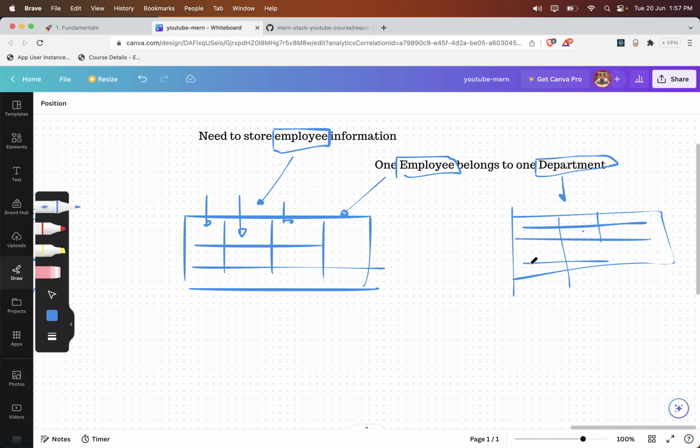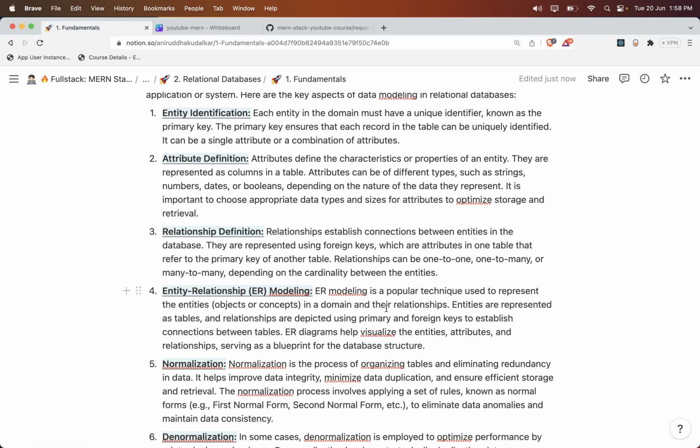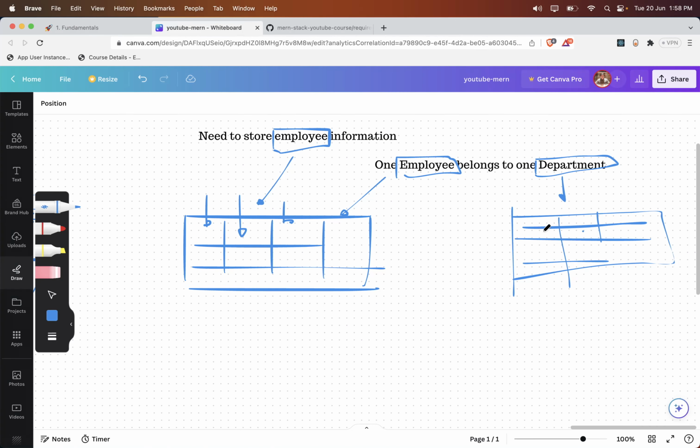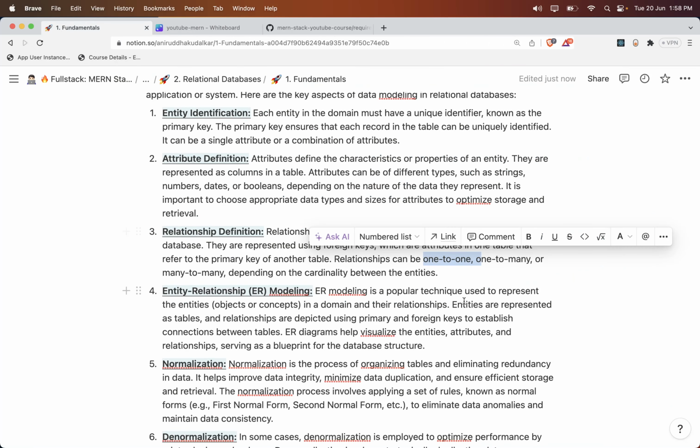One row of this table will represent one or more rows of this table, that is a relationship. So you need to define the relationship. Relationship can be one to one: one row of this table can define only one row of another table. One row of this table can define multiple rows of this table, one to many, or many to many. We are going to see this in detail.